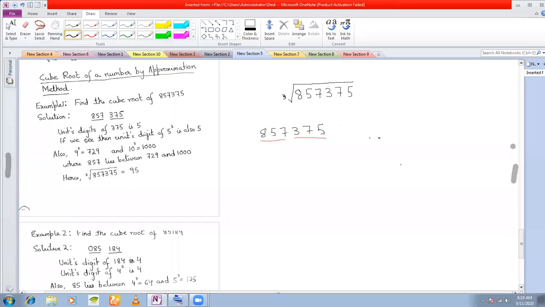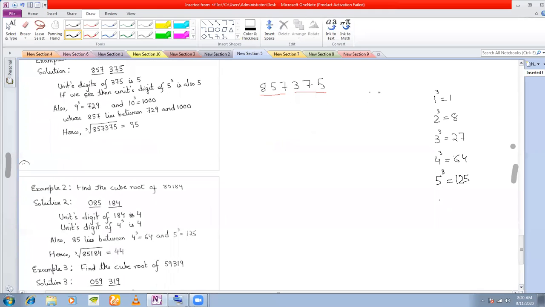Let me write the cubes first here. 1 cube is 1, 2 cube is 8, 3 cube is 27, 4 cube is 64, 5 cube is 125, 6 cube is 216, 7 cube is 343.